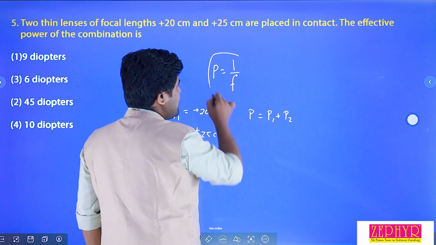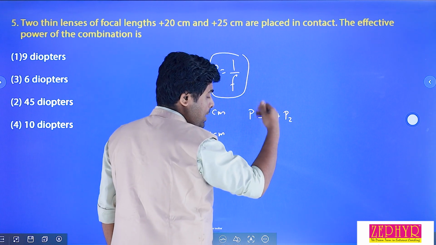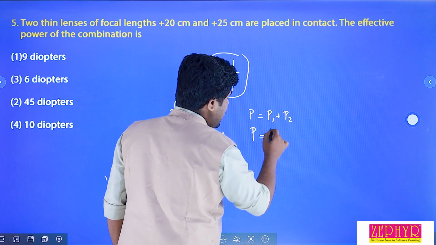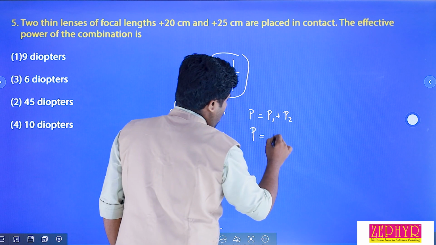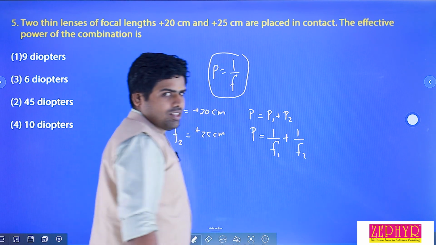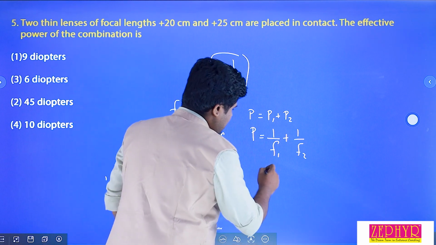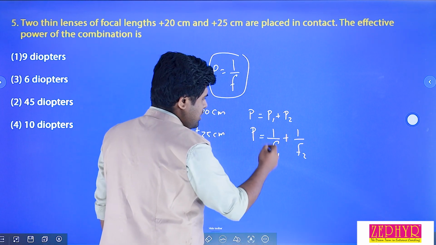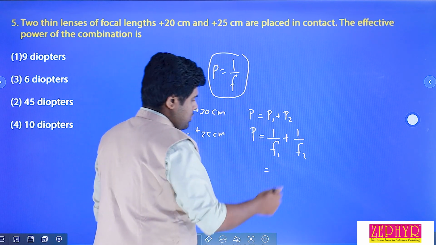This is a very simple equation related to power. Power P is equal to 1 by F, so I rearrange the equation like P is equal to 1 by F1 plus 1 by F2. Now I rearrange this equation using the values.